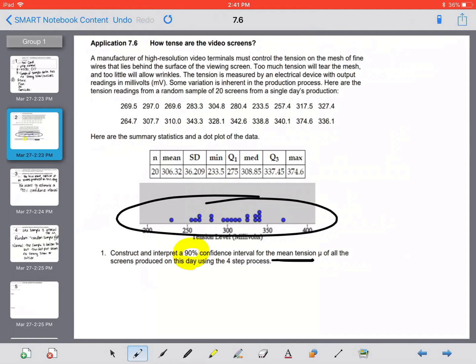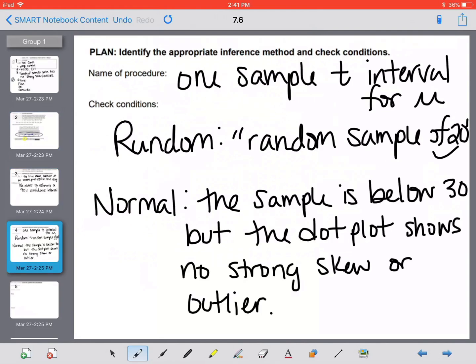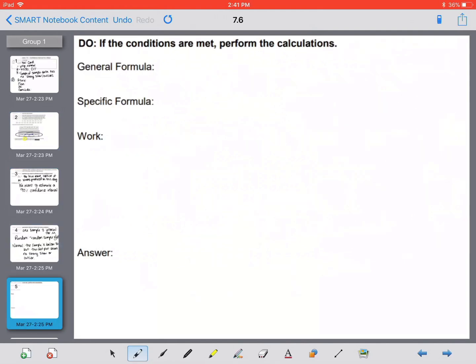Okay, so we did our state, we did our plan, and now we need to do our do.